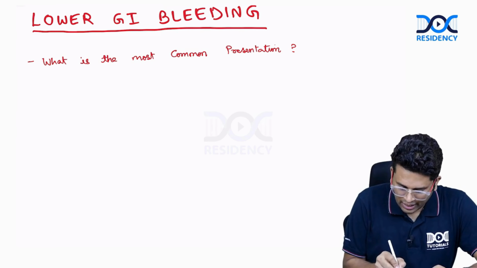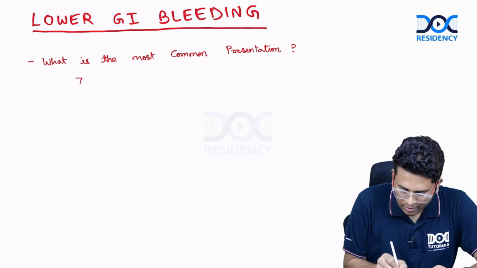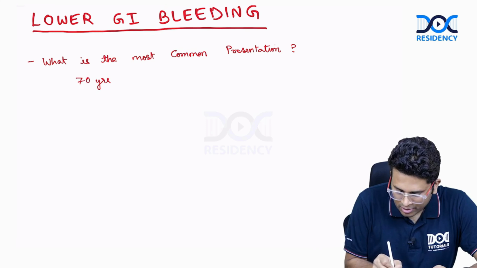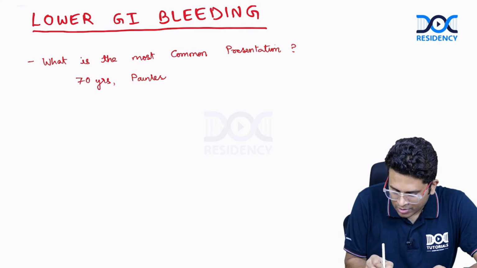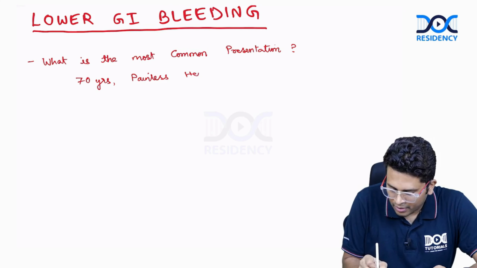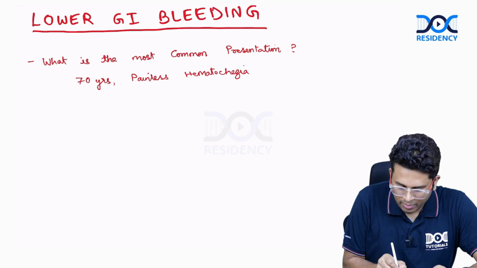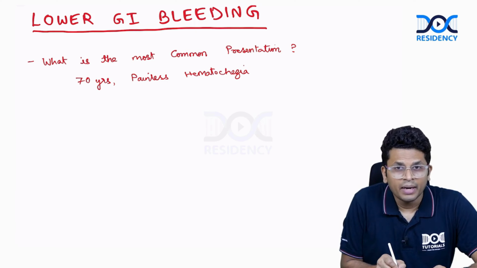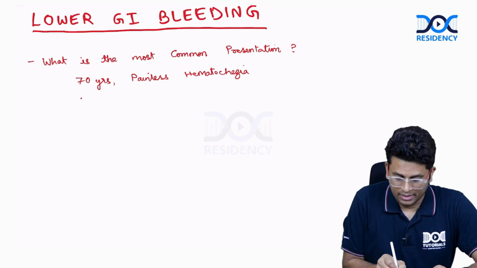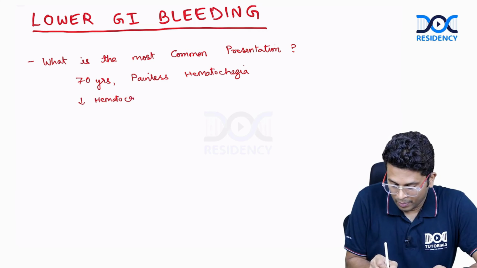So most of the time it will be an elderly gentleman, say around 70 years, presenting with painless hematochezia. On examination, there will be hemoconcentration. There may be a drop in Hb. Okay, so there's a decrease in hematocrit.